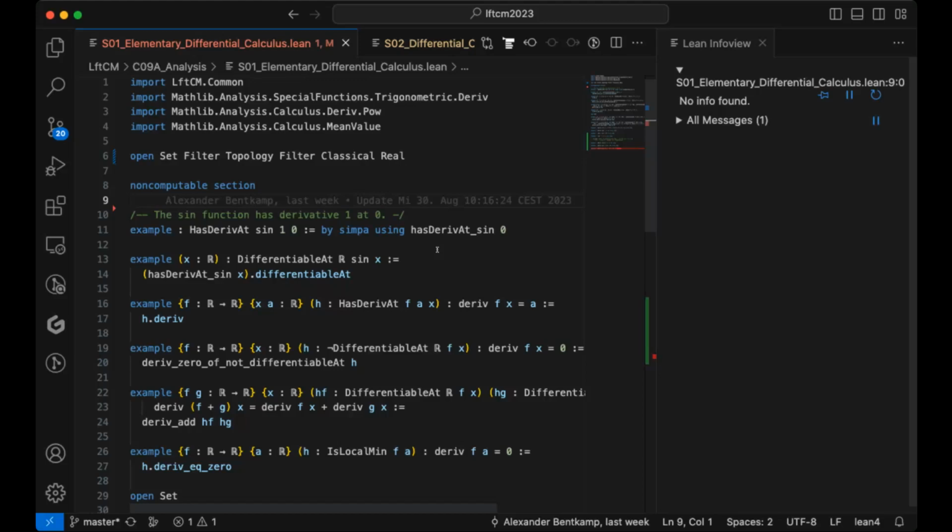But formally, I regard that as actually making at least 3 statements, which are obviously related but not quite the same. The first one is that f is actually differentiable at x.